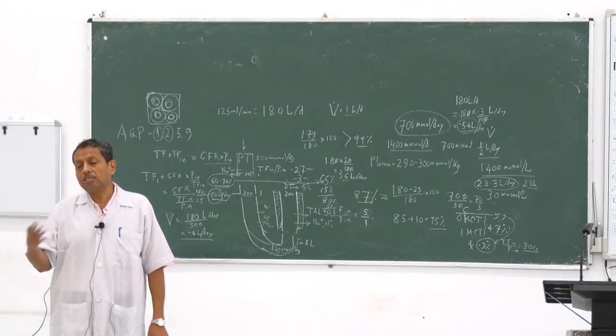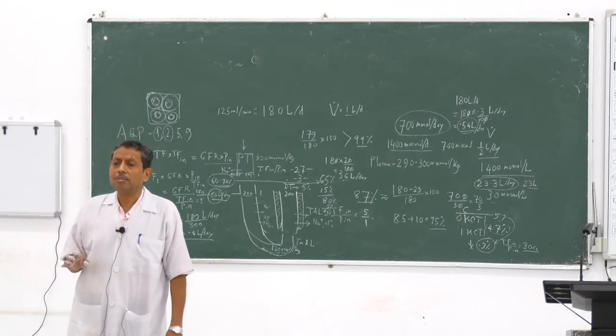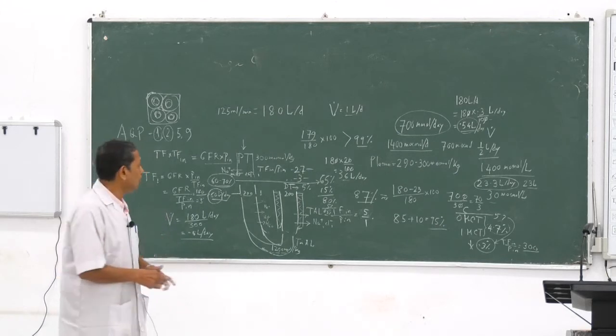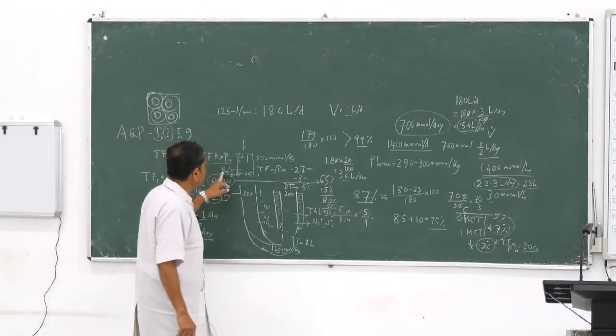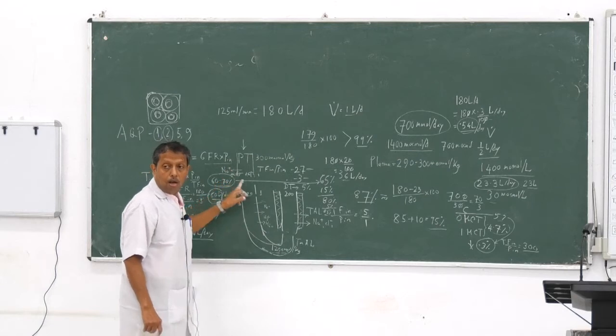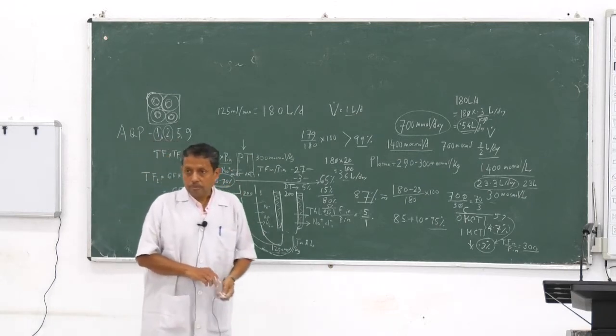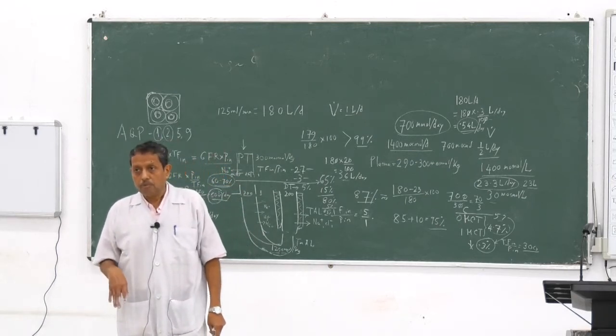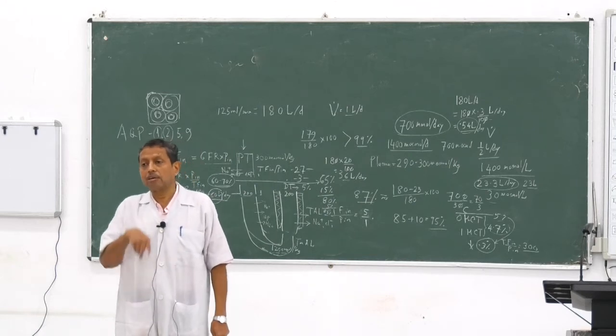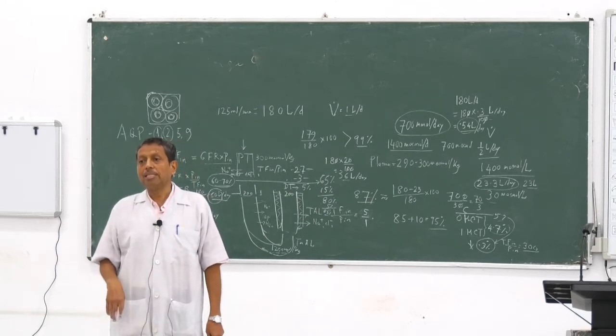But in dehydration there is some defect. If water cannot follow, there will be an increase in the concentration of sodium in the extracellular body fluid, because water cannot follow. Normally that is possible.